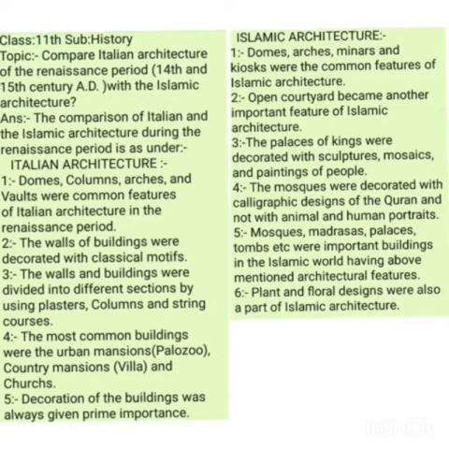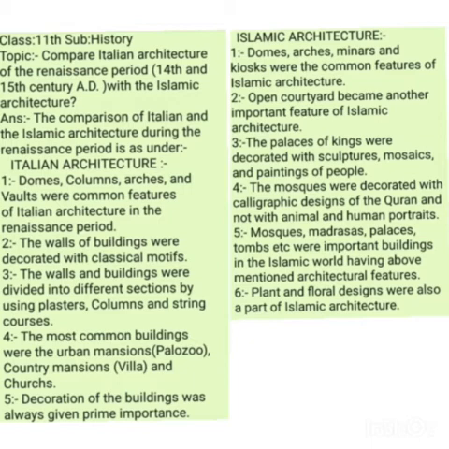Number three, the palaces of kings and great rulers in the Islamic architecture were decorated with sculptures and mosaics. Sculpture means carving out images of different human beings, different personalities, or different things.